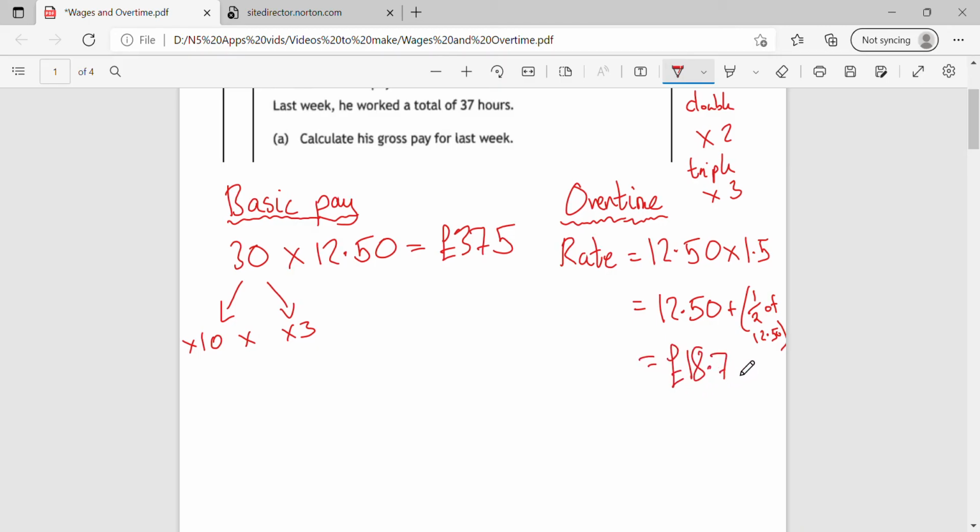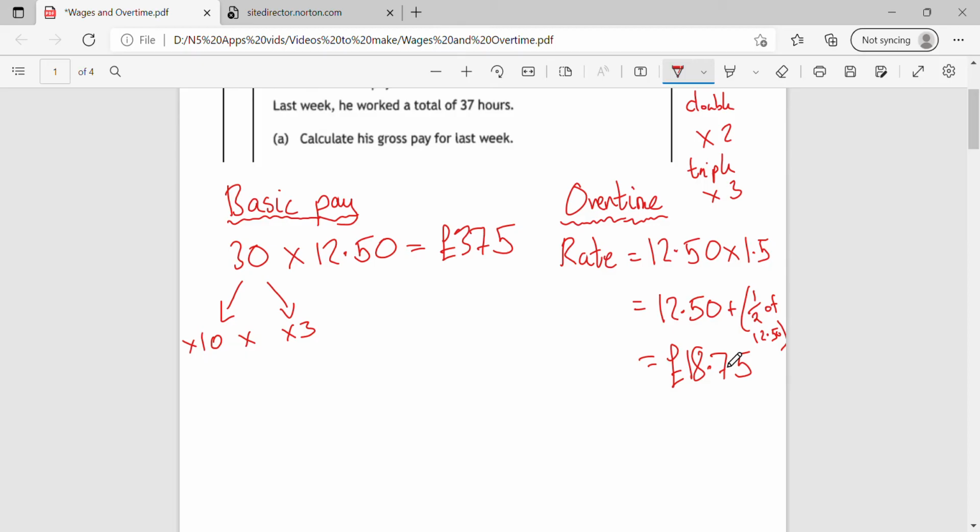But as I say, if you were allowed to use a calculator, you would just multiply by 1.5, and that would give you the same answer. Obviously double and triple times are a bit more straightforward than that to do non-calculator, but for time and a half, you think about what they normally get and add on half of that.